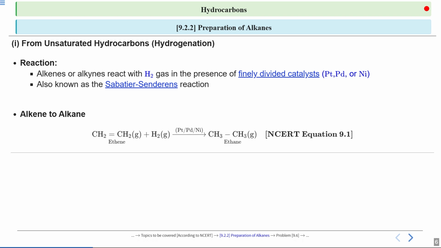So here is a specific reaction. Ethene, which is an alkene, reacts with hydrogen gas in the presence of a catalyst such as platinum, palladium or nickel to form ethane, an alkane. Note here hydrogen is added across the double bonded carbon, and this is also known as reduction.